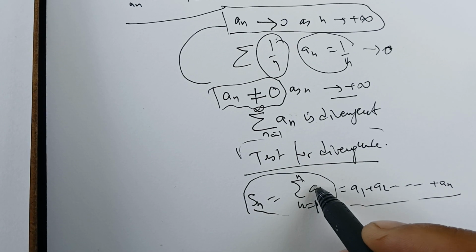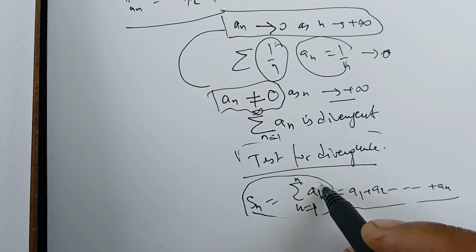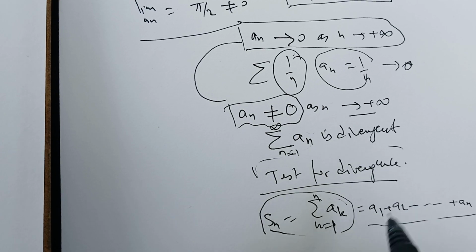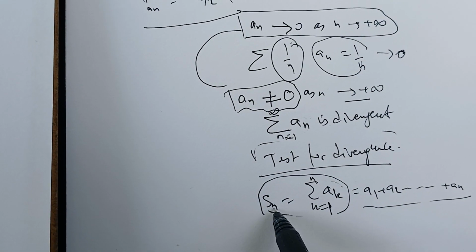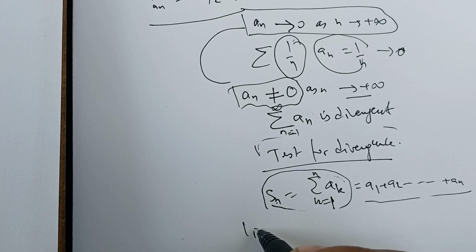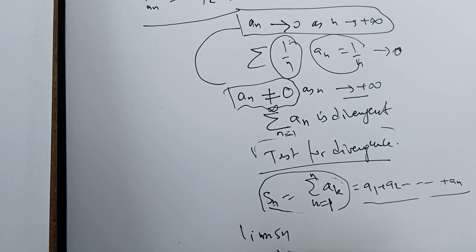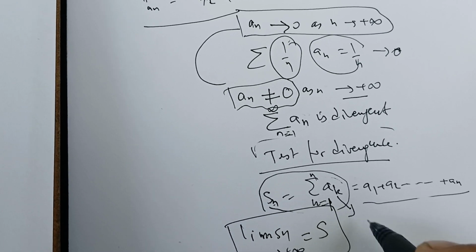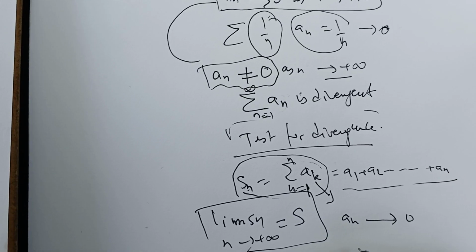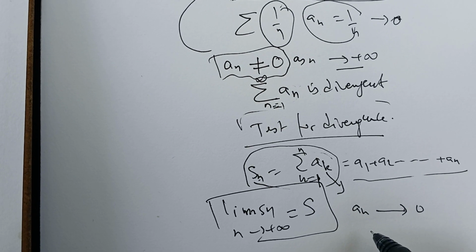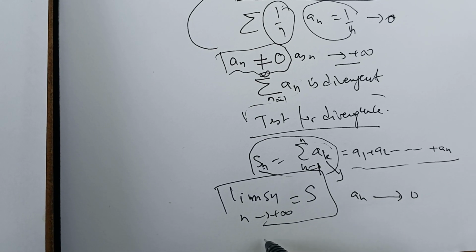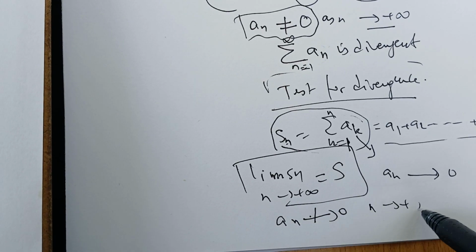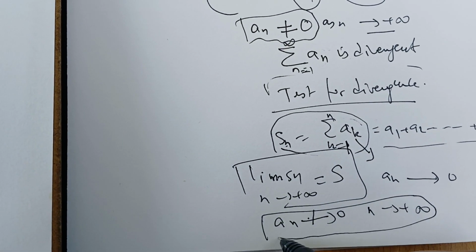Sometimes this is easy to compute, sometimes it's not, and we just check whether it's convergent or divergent. One thing we can learn is that if the limit of the partial sums as n goes to infinity equals some s, so the series is convergent, then the term a_n has to go to 0. If a_n doesn't go to 0, then our series is divergent.